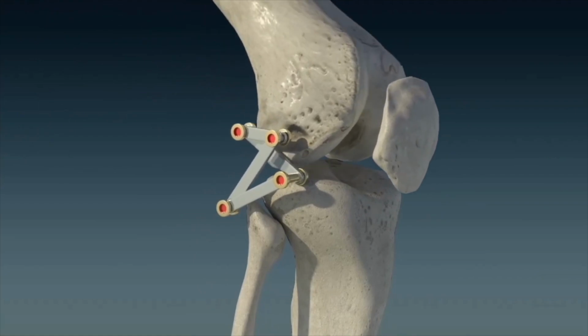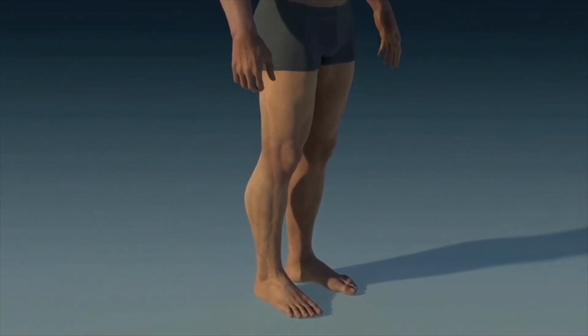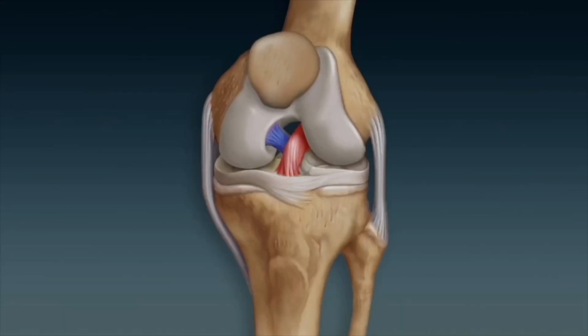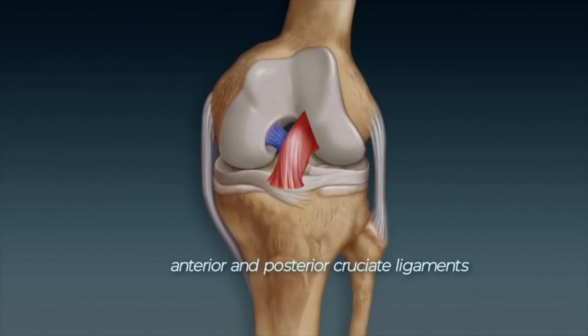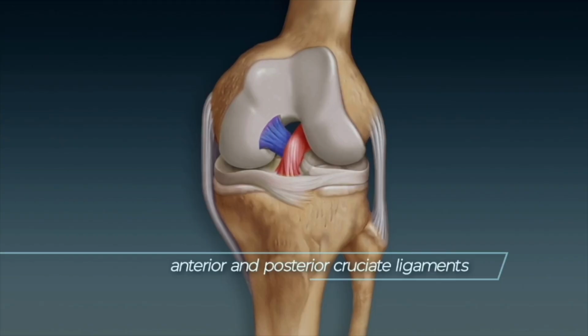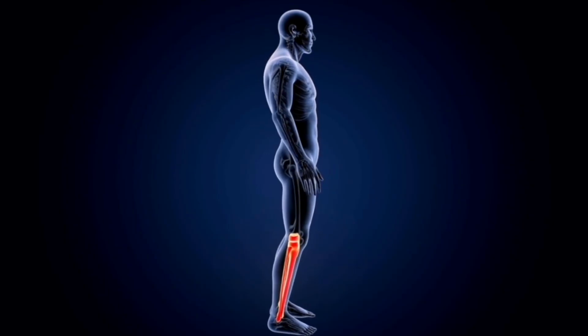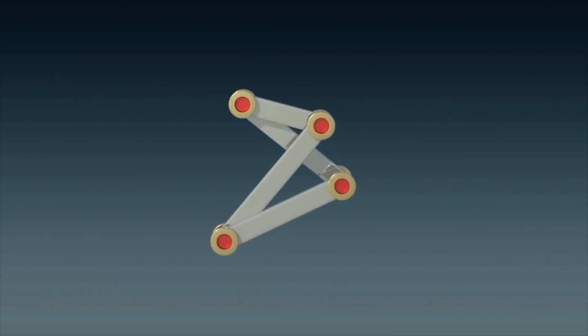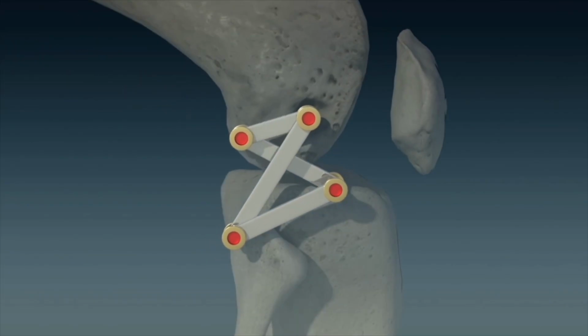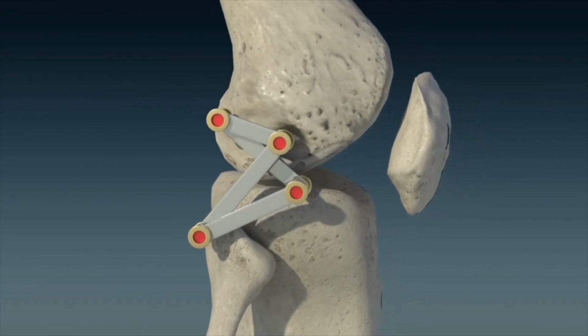This is made possible by an ingenious design feature of a 4-bar linkage mechanism. This linkage mechanism contains 2 crossed links formed by the anterior and posterior cruciate ligaments. The other 2 links are effectively formed by the femur and tibia bones. This 4-bar mechanism forms a special type of hinge with a moving center of rotation.